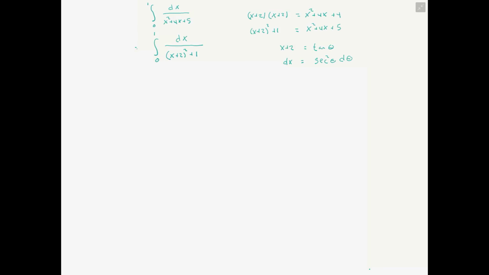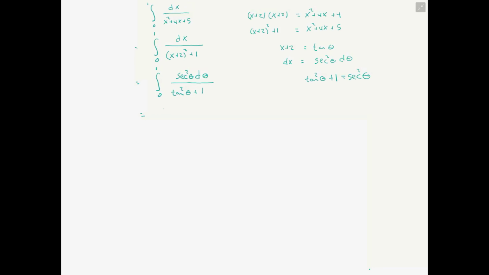And now we've got 0 to 1 secant squared theta d theta in the numerator, and in the denominator we have tangent squared theta plus 1, but that's equal to secant squared theta.